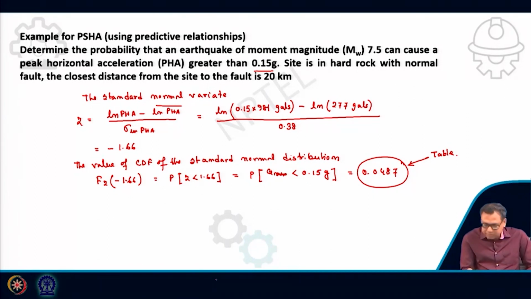Okay. So now it is given the probability of A max, because it is minus 1.66.